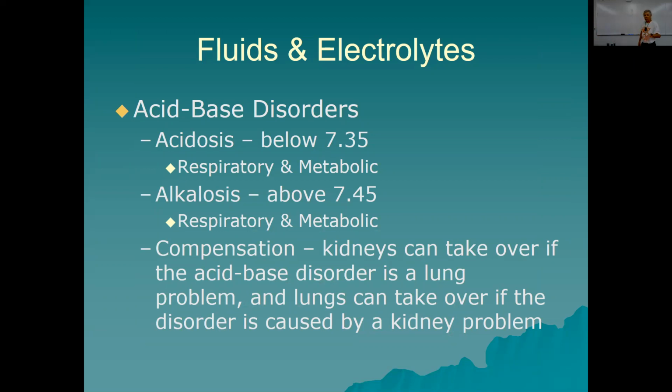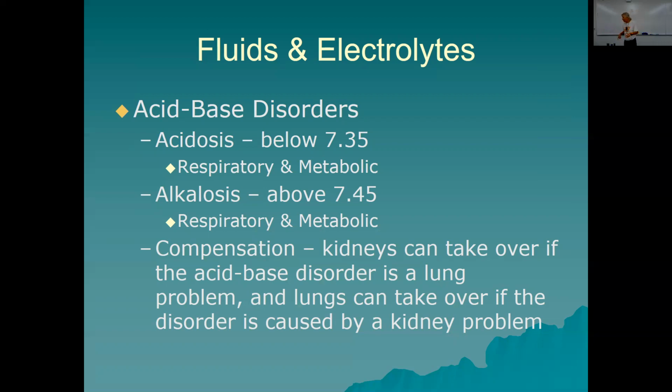Acidosis is below 7.35, and that can be caused by a respiratory problem or a metabolic problem. When it's metabolic, it's something wrong with the kidney. So if something is wrong with the kidney and you're not getting rid of enough acid, you could go into what's called metabolic acidosis. If it's a problem in the respiratory system, you're not breathing enough or deeply enough, that would be a respiratory acidosis.